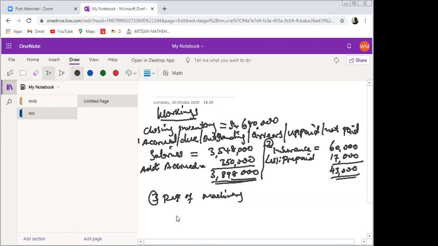Depreciation of machinery, we are told, should be provided at 25% of the cost. So you can just go to the trial balance and get the cost of the machinery: 2,750,000. So can you multiply by 25% of that?